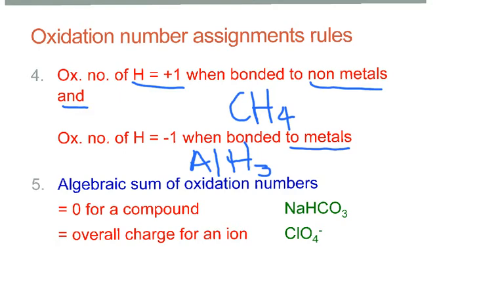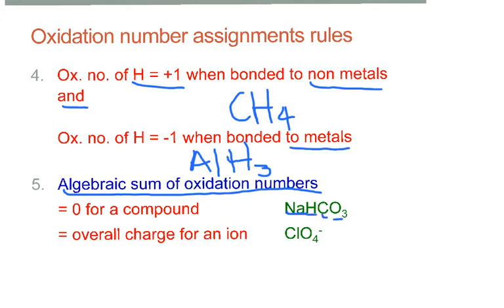All right, now here's the really important part: the algebraic sum of oxidation numbers in a particular compound is overall going to equal 0. So for example, if we have sodium bicarbonate, we'll have an oxidation number for sodium, for hydrogen, for carbon, for oxygen.